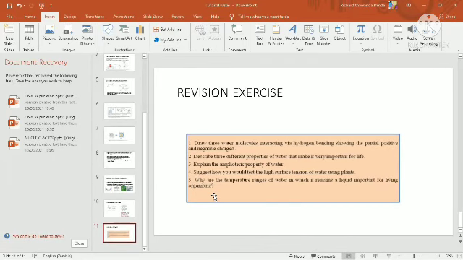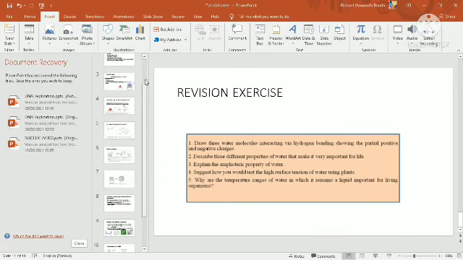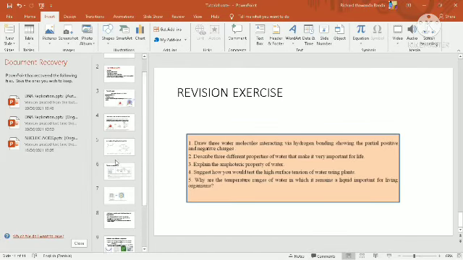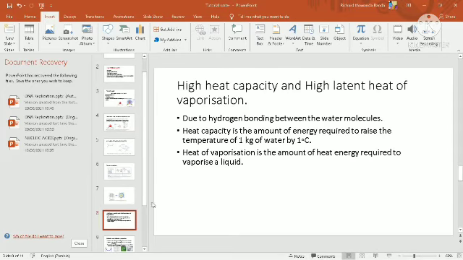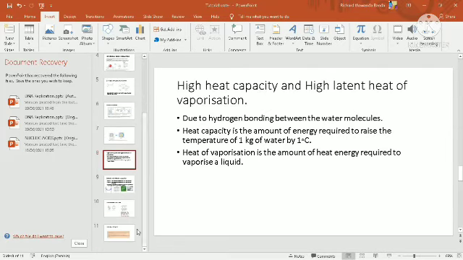Question 5 says, why are the temperature ranges of water in which it remains a liquid important for living organisms? So what this question is simply asking you to explain is water's high heat capacity. The heat capacity is the energy you require to raise the temperature of 1 kg of water by 1 degree Celsius.